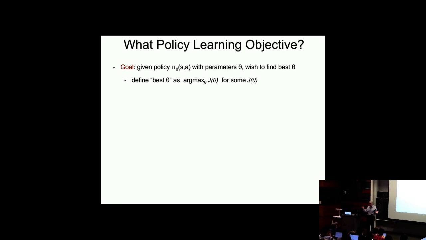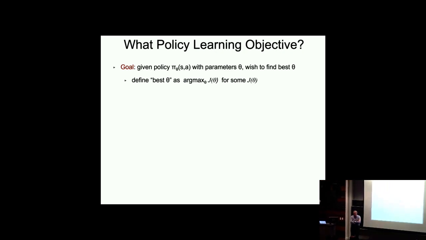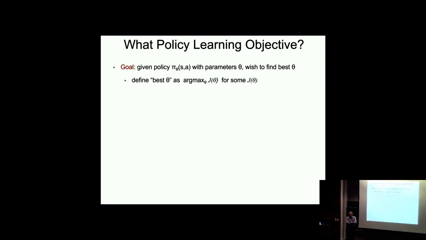What should we be optimizing when we train that neural net? In other words, we're learning parameters theta to define this policy. What does it mean to be the best policy? And if we're going to train a neural net, then we need some objective function to train on.